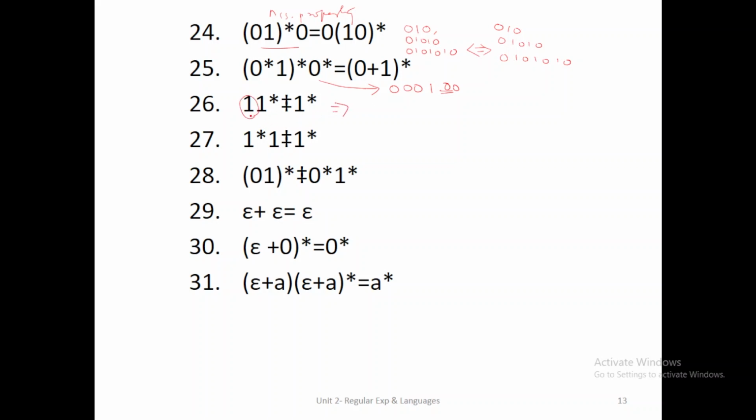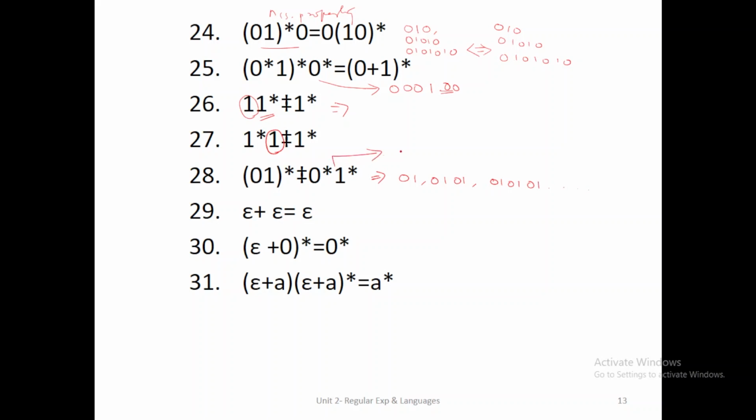Compulsorily the string should start with 1 followed by n number of 0. So it's not equal to 1 star. The same thing, if you reverse, 1 star 1, all strings should end with 1, so it's not equal to 1 star. And 0 1 whole star means what? The LHS portion of the 28th rule is 0 1 0 1 two times or 0 1 three times, like that.